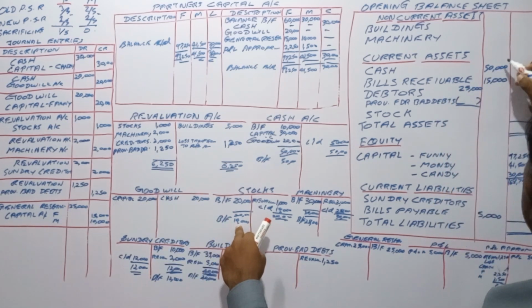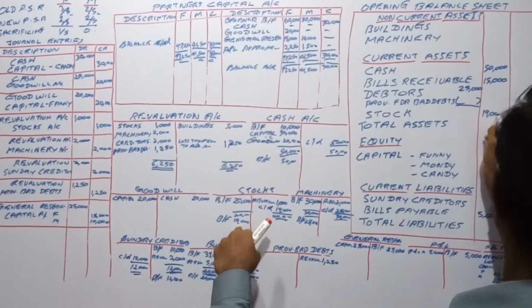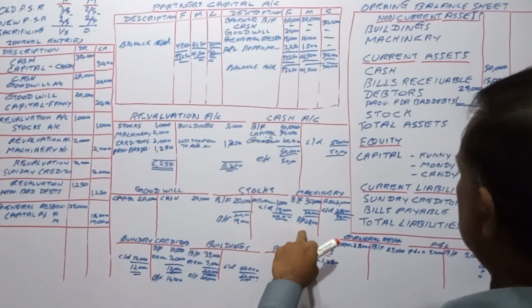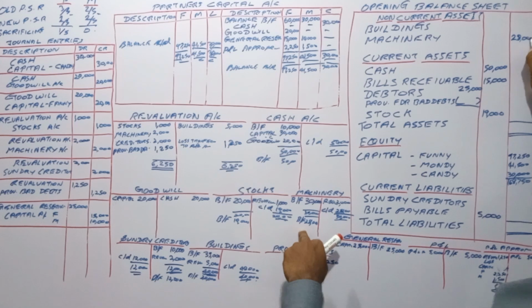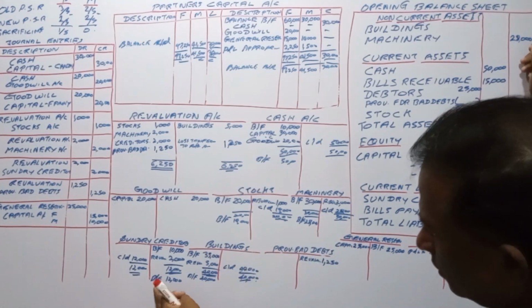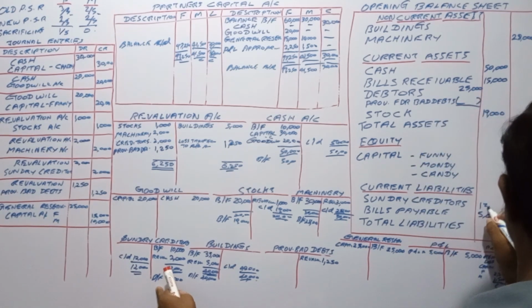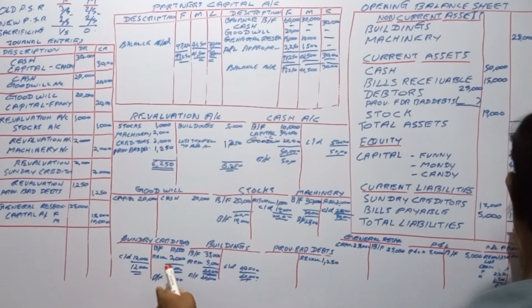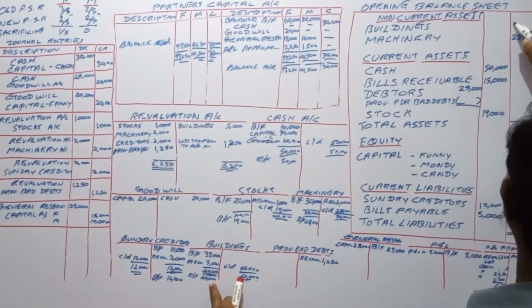Stocks 19,000. Machinery 28,000, right? Sundry creditors 12,000. That is 17,000. And buildings 40,000.